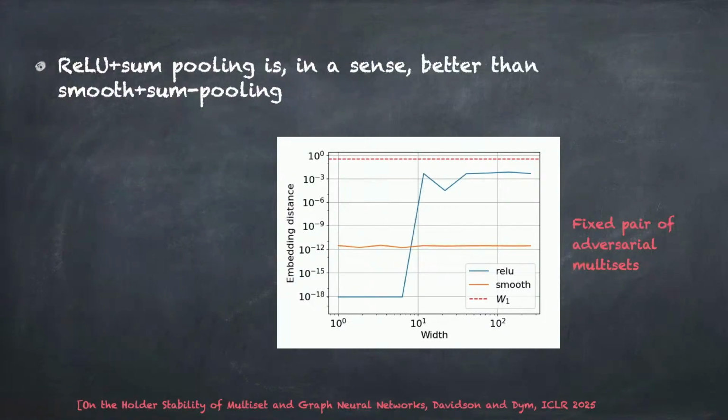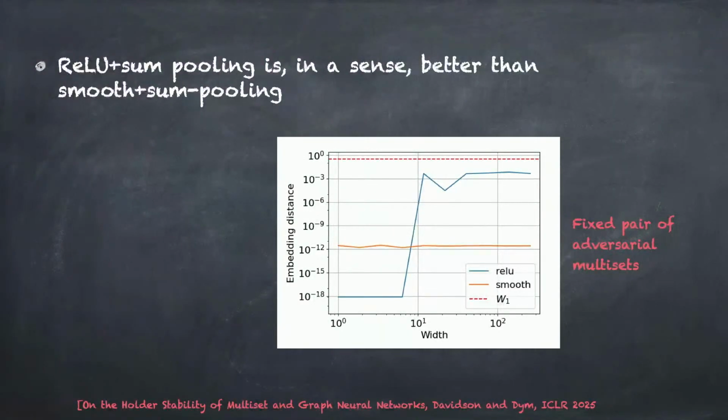You have some network you're applying and summing, and you increase the width. Blue is ReLU, orange is smooth, and the red is the true W1 distance between the multisets. What you see is that ReLU initially cannot separate them well, or up to numerical error cannot separate at all, but at a certain point it separates much better than the smooth.